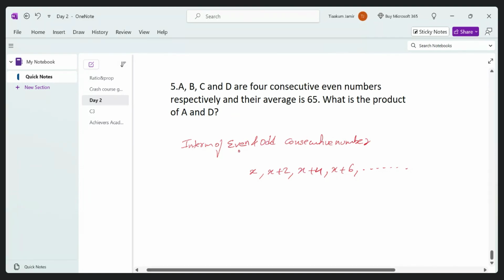For even or odd, if you use this for odd, where odd is x plus 1, x plus 3, x plus 5, in that way definitely you will get the wrong answer.